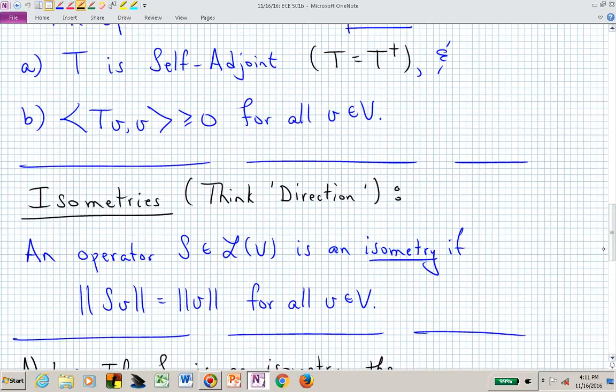Isometries, on the other hand, are the rotation or direction piece of our decomposition. And here, the major part of an isometry is that it preserves the norm.